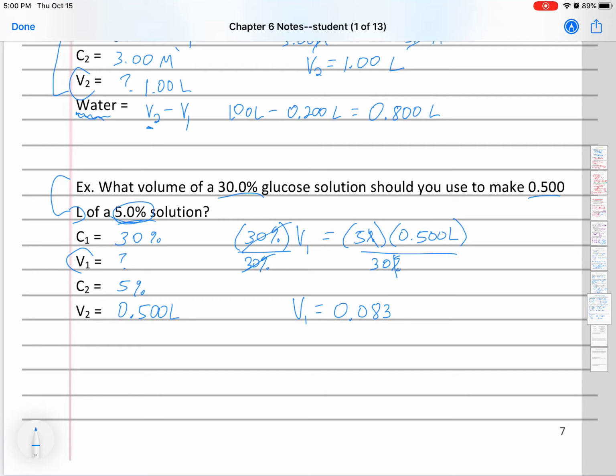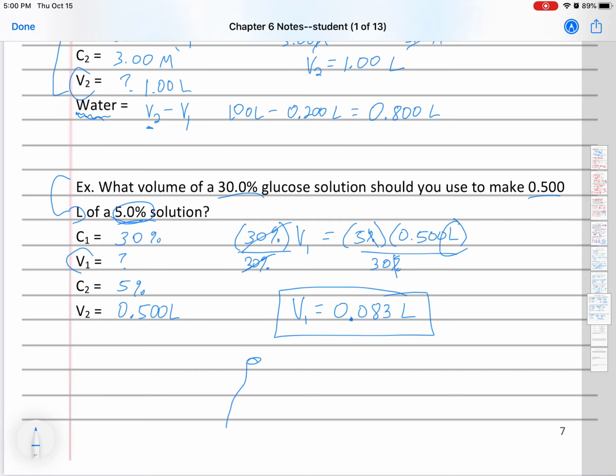I just want 2 sig figs because this number here is only 2 sig figs. So 0.083, and my units that I have left are liters. So I want to use 0.083 liters of the stock solution in order to make 0.5 liters of the diluted solution.